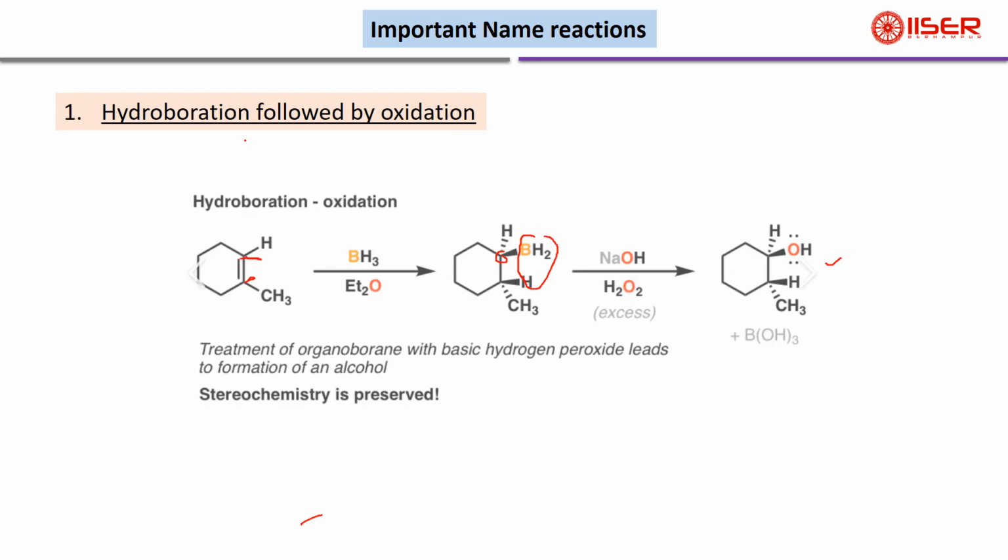So we have to see the regioselectivity of these two reactions. During hydroboration and oxidation, the boron enters the less bulky side, whereas hydrogen is added to the bulkier side, and then the carbon-boron bond is replaced with a carbon-oxygen bond.